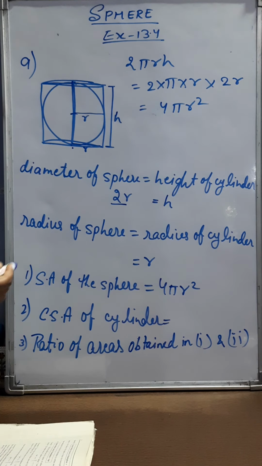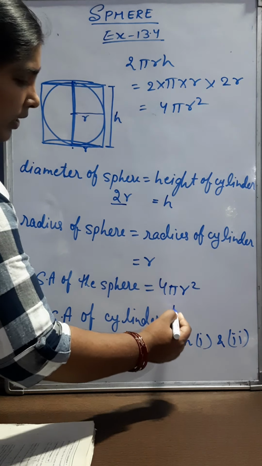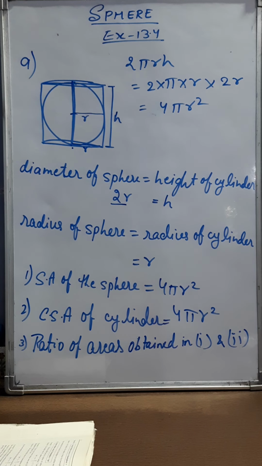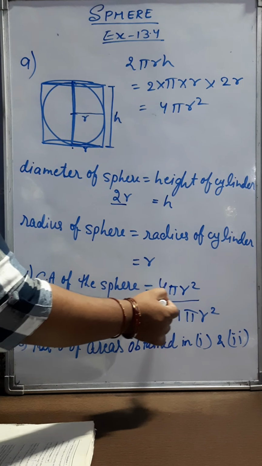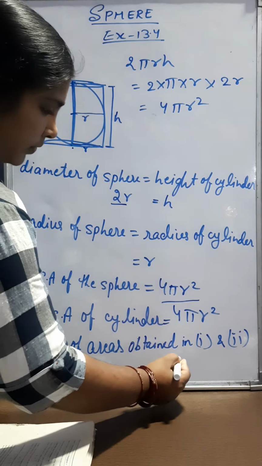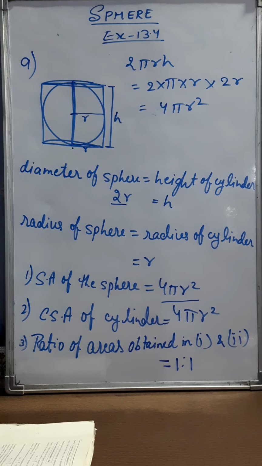So what we can see is that the surface area of the sphere and the curved surface area of the cylinder are both the same, 4 pi r square. Question number 3 says, find the ratio of the areas obtained in 1 and 2. If you divide 4 pi r square by 4 pi r square, what will you get? It will come 1:1. So this is the answer of question number 9.